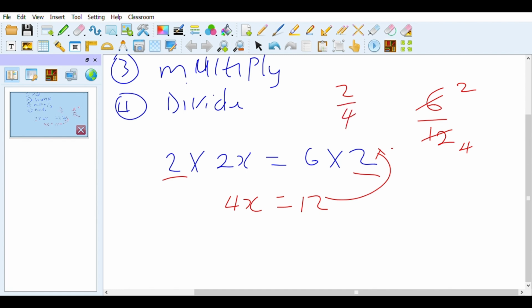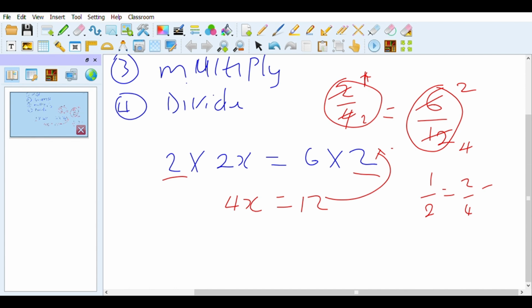Because we used the same number to divide 6 and 12, 2 over 4 and 6 over 12 are equivalent fractions. We can still divide this 2 by 2, and this 4 by 2, to give us 1 over 2. So 1 over 2 is the same thing as 2 over 4, and it's also the same thing as 6 over 12.